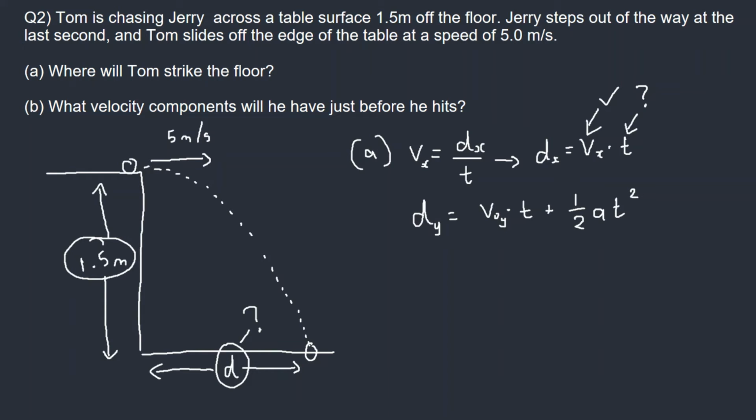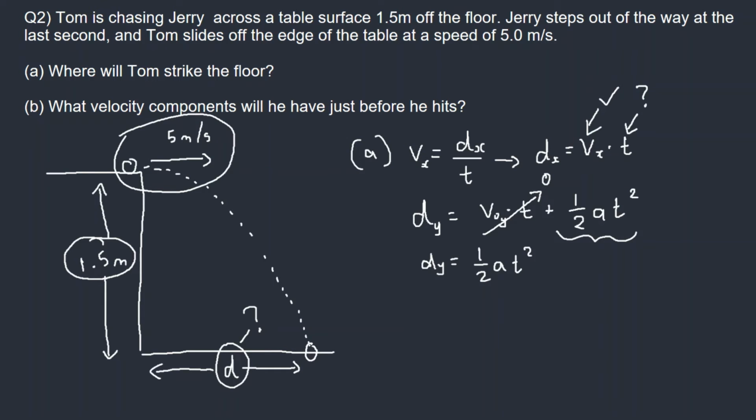V naught y is the initial y velocity. Since Tom was only traveling in the x direction to begin with, we know he had no y velocity, so this all goes to 0, and so we're only left with this part. And so we could write that dy is equal to half a t squared.